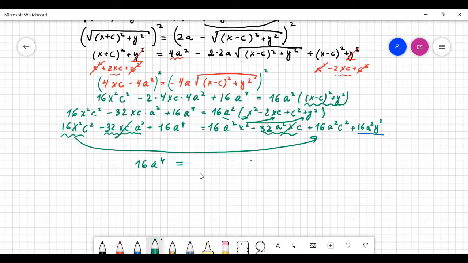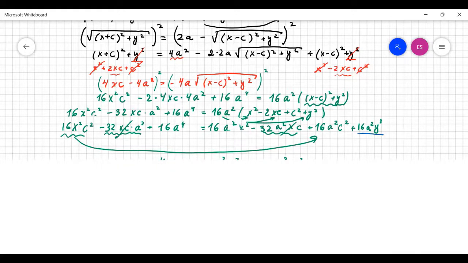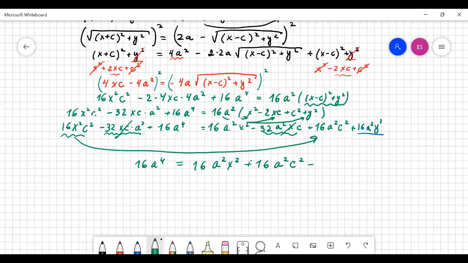And what is not canceled here? 16a squared x squared plus 16a squared c squared minus 16x squared c squared.